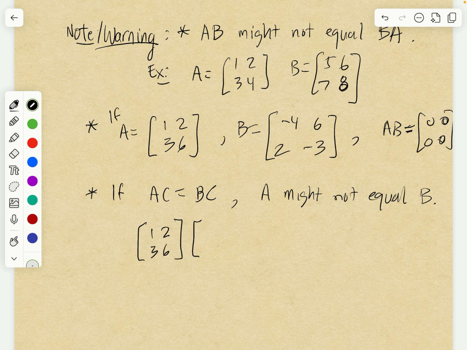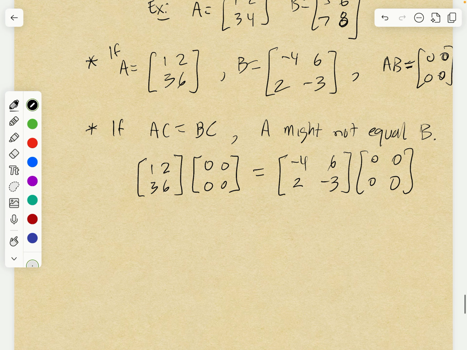Here's an extreme example: let's just take C to be the zero matrix. Then A times C is equal to B times the zero matrix. You can check that AC equals BC because it's just all zeros, but A is obviously not equal to B.